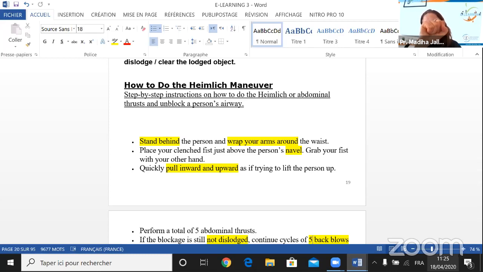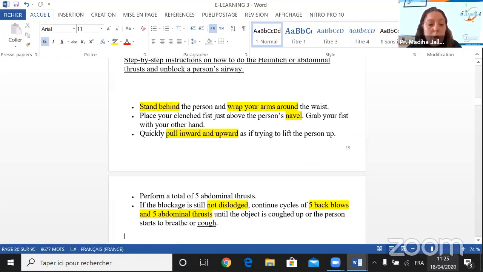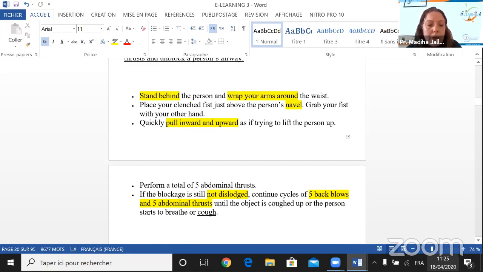This is a clenched fist above the person's navel. You know the navel. A navel is what? The belly button, the umbilicus. Then quickly pull inward and upward, as if to lift the person up. And then you perform 5 abdominal thrusts.